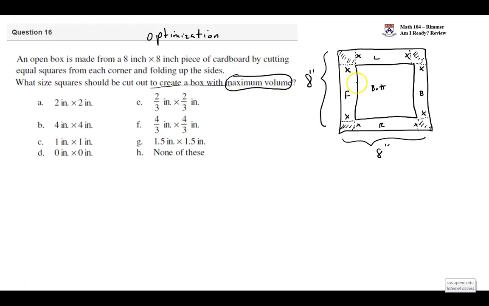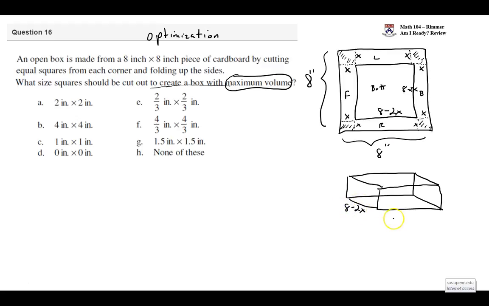And so the box, once it's all folded up, let me just draw something to represent that. Once it's all folded up, we'll have an open top box, and it'll have a volume to it. The bottom is made up of a square where we have 8, but we take away x on both sides, so 8 minus 2x will be the dimensions for the bottom.